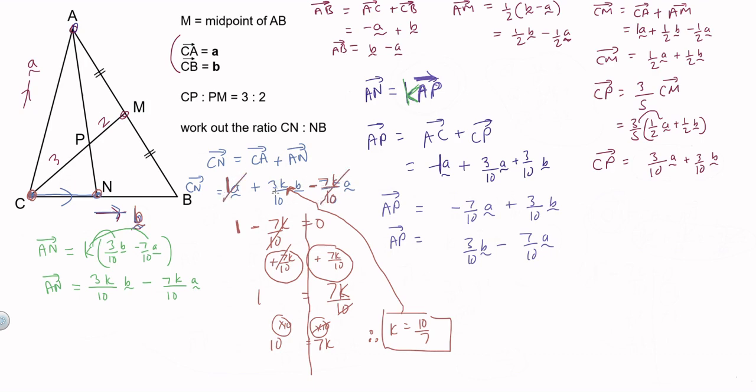They don't exist. So the only place where I'm going to put 10 over 7 is to replace this k with 10 over 7. I'll just continue over here. So CN is equal to, remember the a components don't exist, replace the k with 10 over 7.